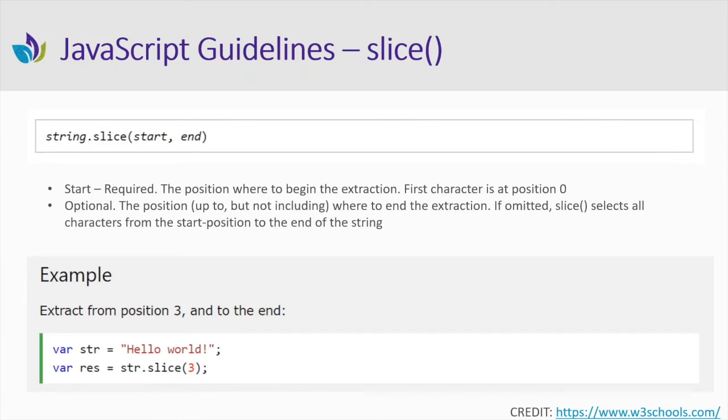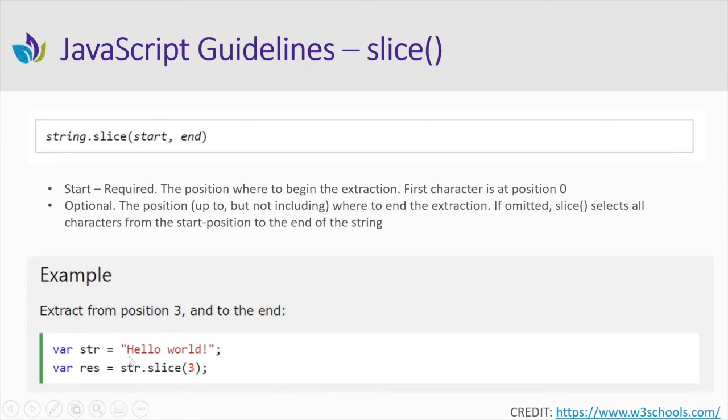It takes 2 inputs, a start and an end, and only the start is required. The very first character would be at position 0, similarly to how we're treating the iterations of a repeat section. So in this example, if I had a string value and I used the slice function, passing just the value 3 in as the start value, then it would extract from position 3 to the end.